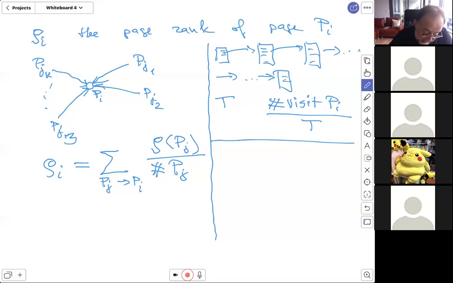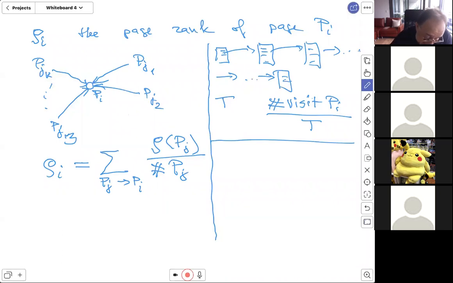So that's another intuition. After a long surfing, if you count how many times you visited a particular web page, the number of visits to that page divided by the total number of web pages visited, or the total number of clicks that you made, should reflect the importance of a web page.